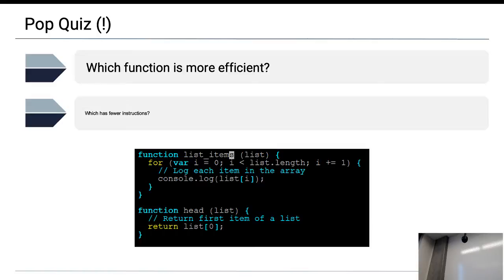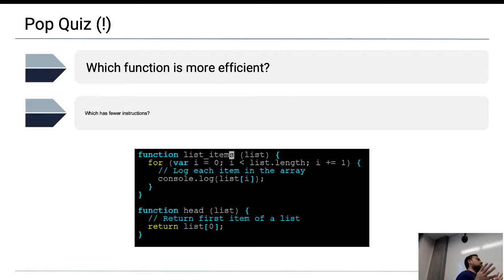Do you count just the console log of list[i], or do you have to count the comparison of i to list length and the incrementing of i as well? You can count that too. We'll count the complete thing. But the comparison, yes, you can count it also if you're trying to be really strict.